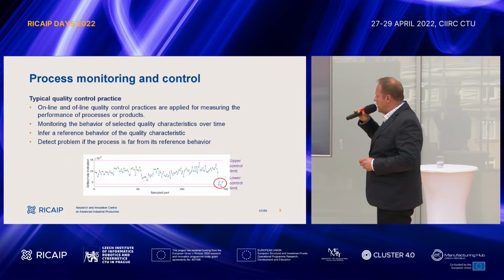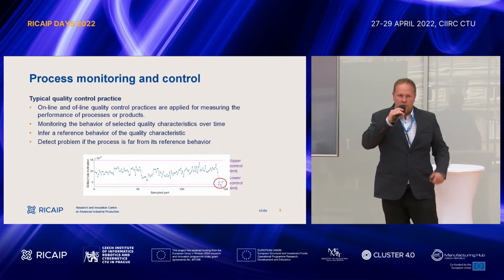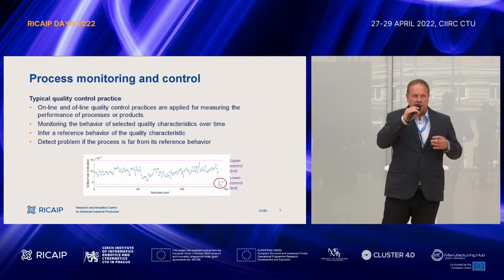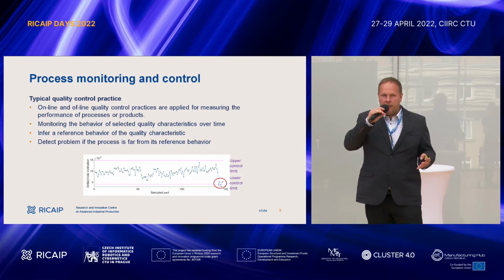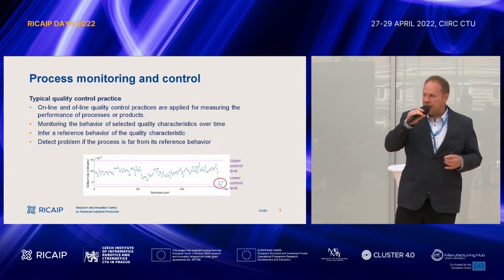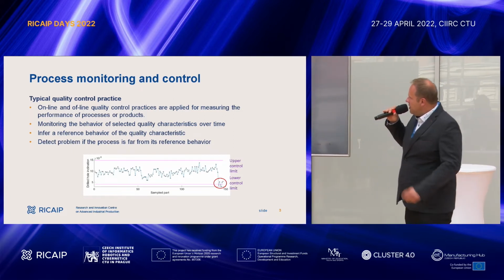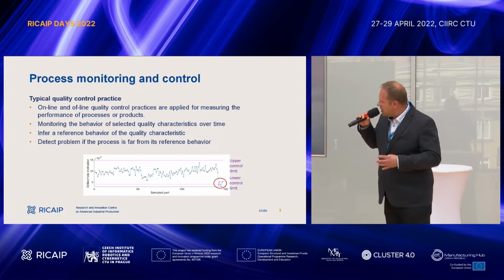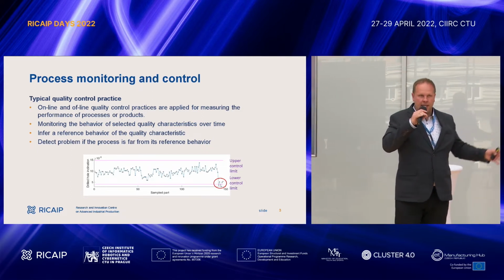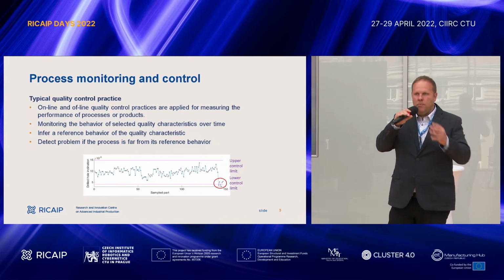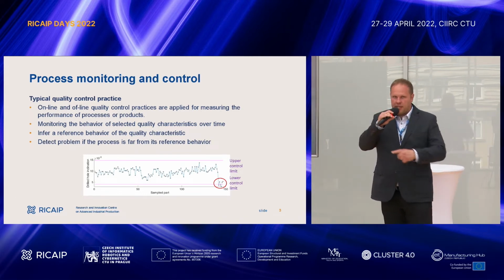Normally, companies perform it just by comparing the quality characteristics to some limits that are typically computed from data. So typical quality control practice infers some reference behavior, some model of the historical data, and then uses it to compare the newly produced parts to this reference.